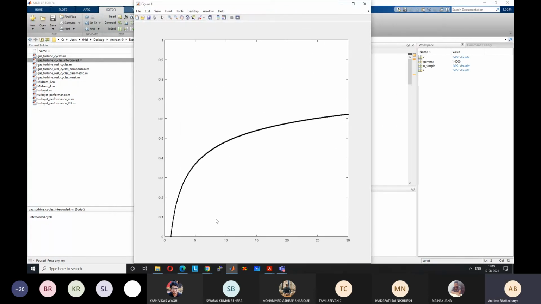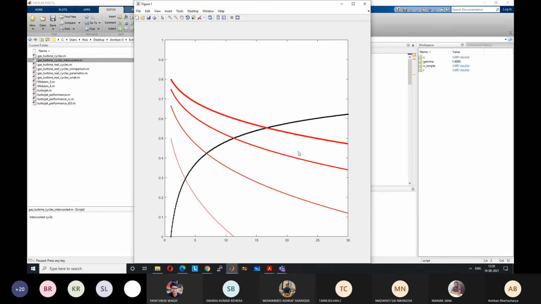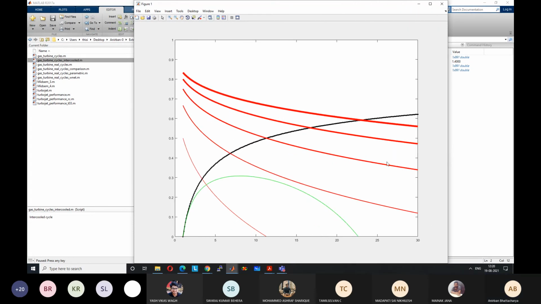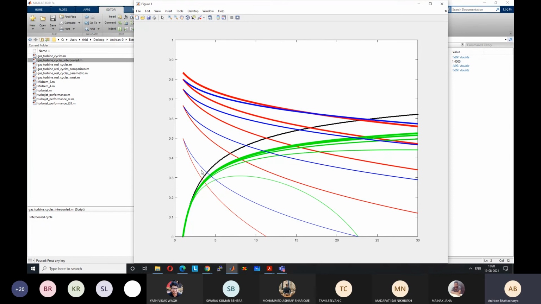So again, simple Brayton cycle efficiency at 30, we had something like 62% or something like that. Regeneration, T equal to 2, 3, 4, 5, and 6. We have already seen this, right? Then reheating, the green lines, 2, 3, 4, 5, 6. Blue lines, regeneration plus reheating. Okay. So up to this we have seen. It already looks quite complicated, but I have used different colors and different thickness to let you understand.